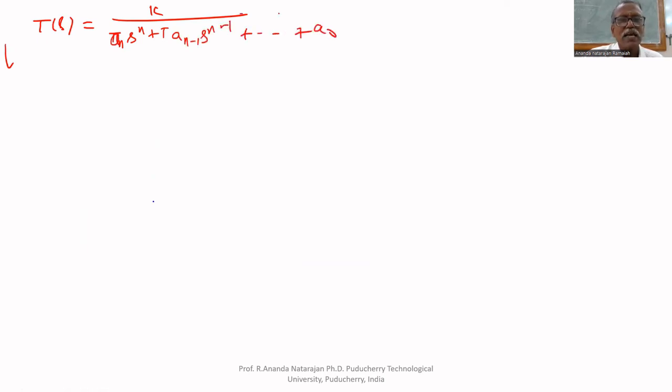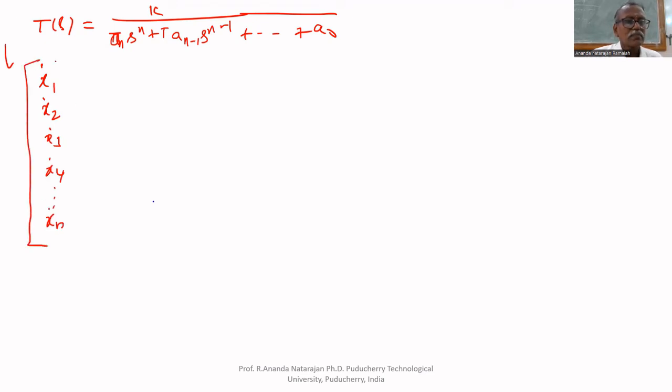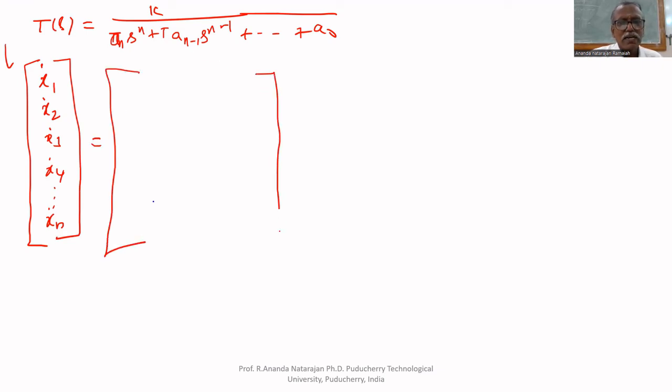If it is nth order, what is the equation? Nth order means T of S equal to K upon, we will write, Tn S power n plus An minus 1 S power n minus 1 plus etc. plus A naught. If you write this in state model, you will get x1 dot, x2 dot, x3 dot, x4 dot, etc., xn dot equal to, you will get an A matrix.